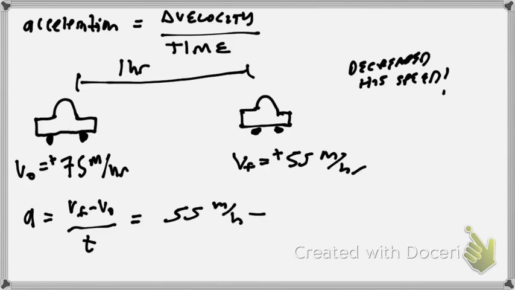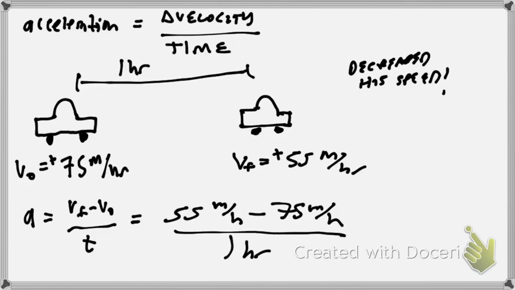Miles per hour minus 75 miles per hour, right? And we're going to divide by 1 hour. And what's going to happen is we are going to get a negative 20 miles per hour squared acceleration.